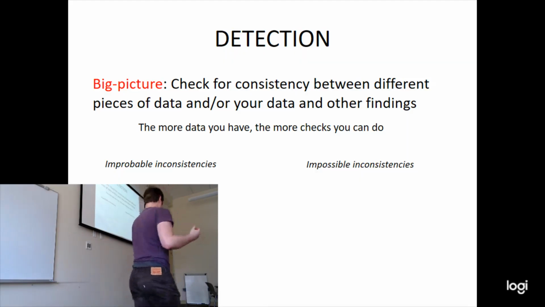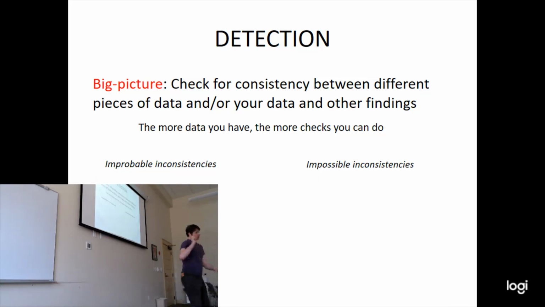So if you just know that this kind of measurement is not possible given the scale or the reaction time or whatever it is that you're working with. So what you're looking for, hopefully, is inconsistencies of the second type, because it tells you something is wrong here. You should also look at inconsistencies of the first type, though. This is a pretty improbable pattern. It just doesn't quite make sense. Maybe I ought to take a closer look at the specific person or the specific group.